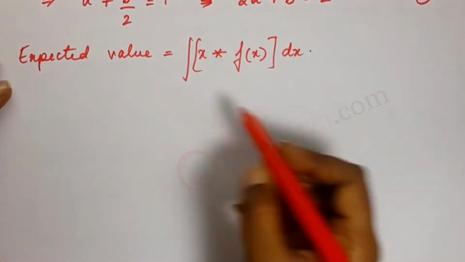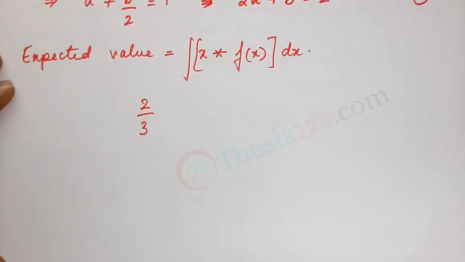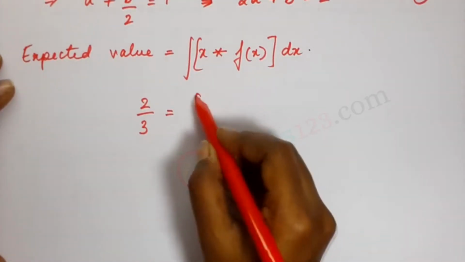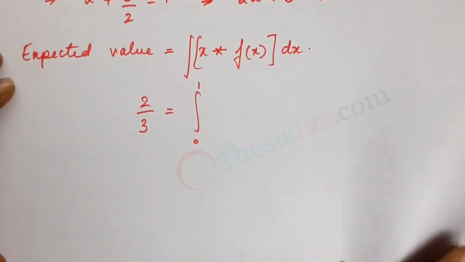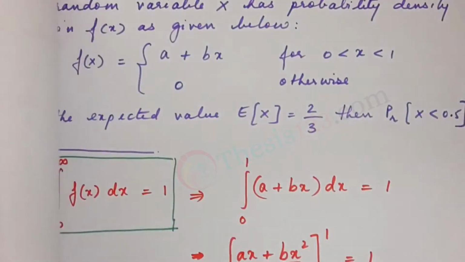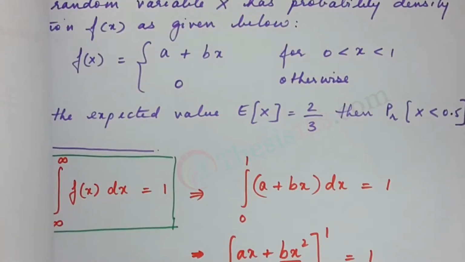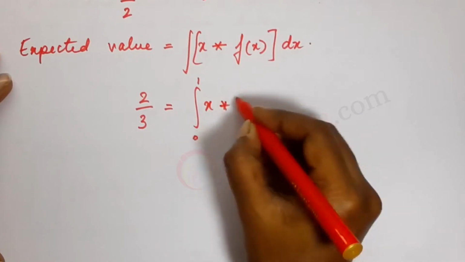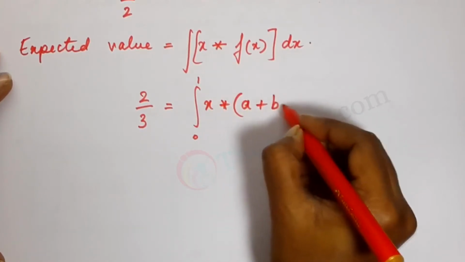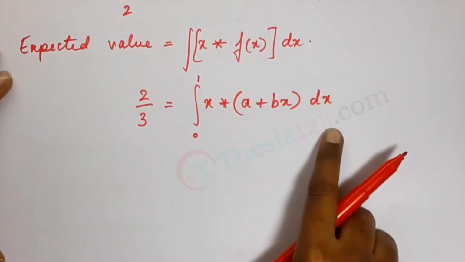So let's plug in the values. We have the expected value as 2 by 3. Now this is equal to integral 0 to 1 because that's the condition given. x lies between 0 to 1 and the expression is a plus bx. So we have x into a plus bx dx. Okay, so this is our expression now.